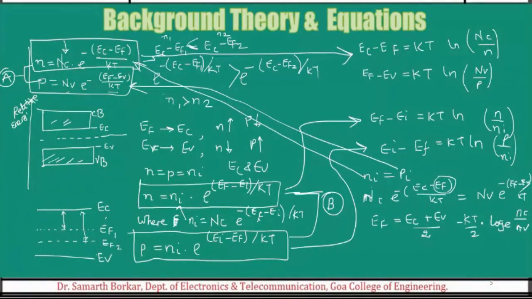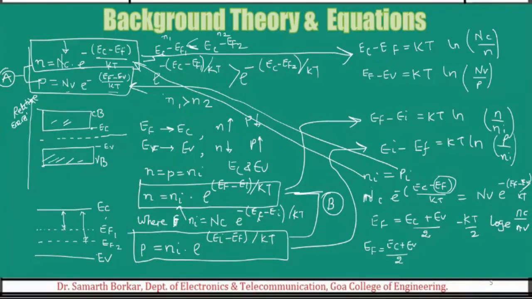Now, if the effective masses of free electrons and holes are the same, okay, in this case, this is directly related to the effective masses of electrons and holes. Now, if they happen to be the same, then this term turns out to be 0, and Fermi level can be written as EC plus EV by 2. Now look at here.